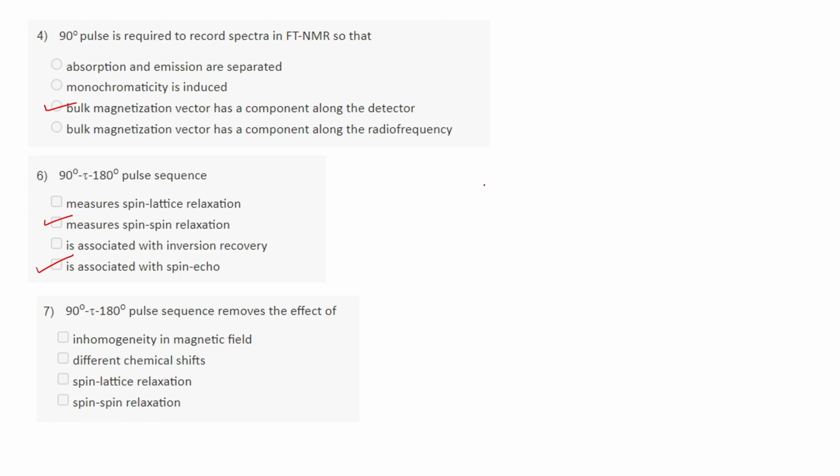So you remember, first the bulk magnetization is around all of this, right? When you apply a 90-degree pulse, it comes to only one direction, which is in the xy plane.